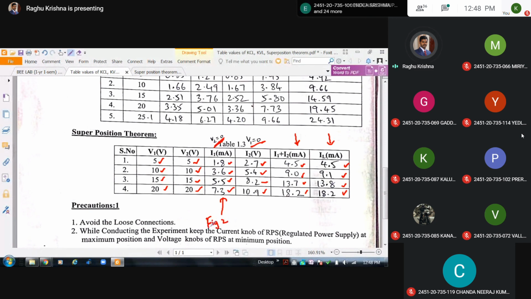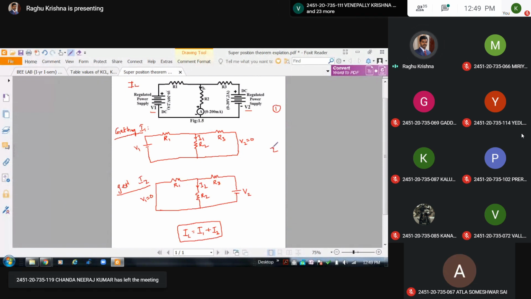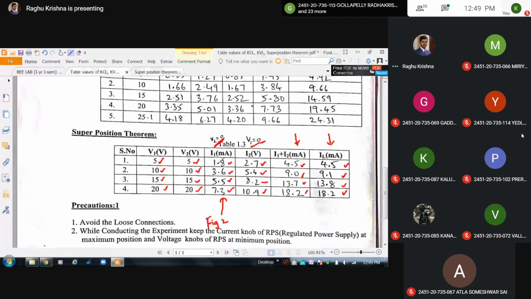So if you take this as figure 1, this is figure 2, this is figure 3. If you see the table values, using figure 2 I got this I1.